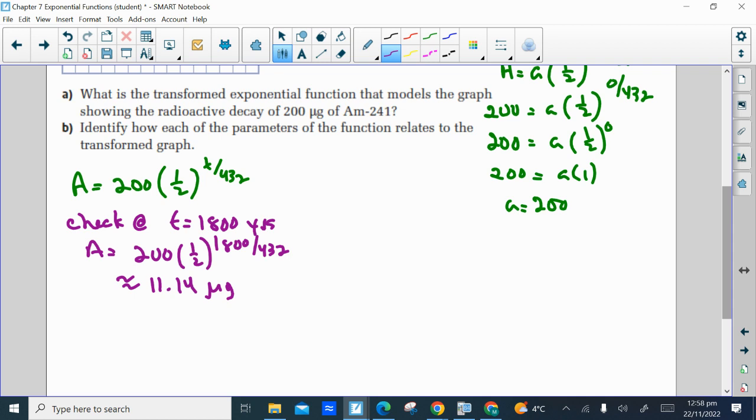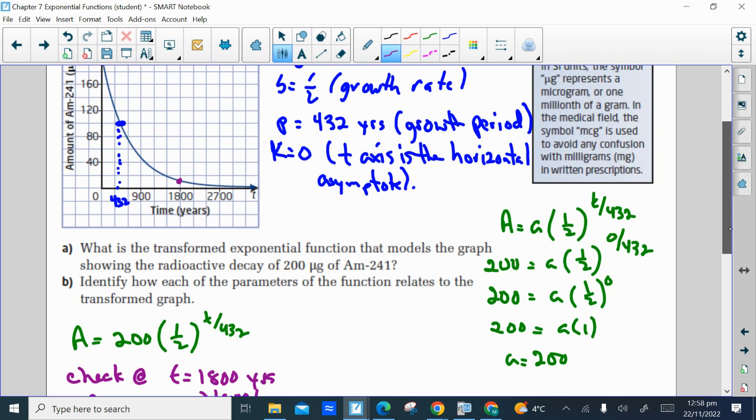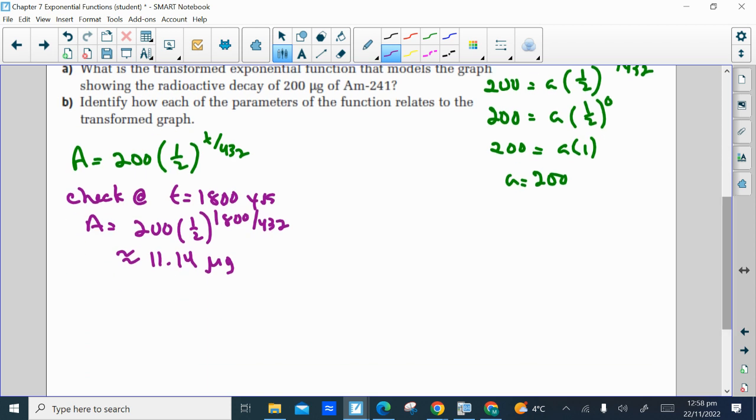Between 0 and 20, closer to 20 than it is to 0. And that's just a check to make sure our equation matches the graph. Okay, so we've identified where all the parameters come from, which is what part B asked. So for practice, we should do questions 6 through 8 on pages 354 to 355.